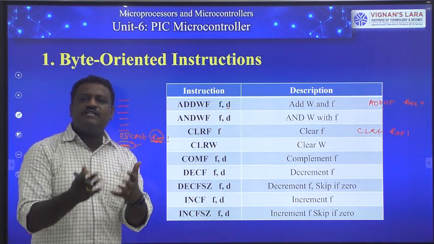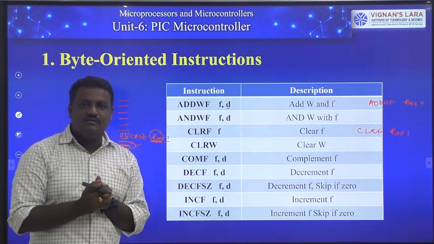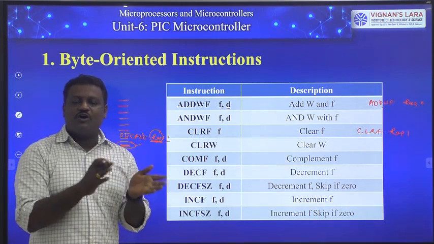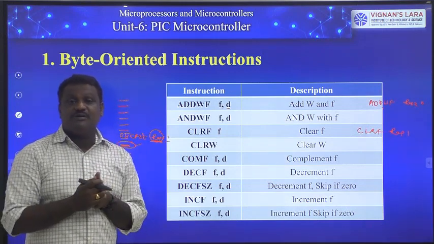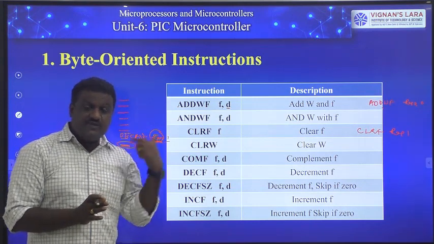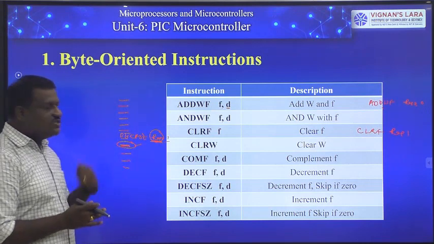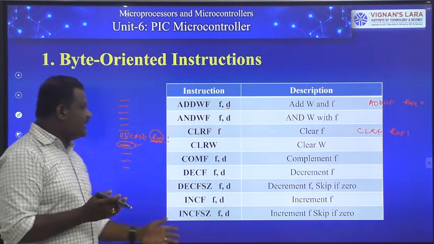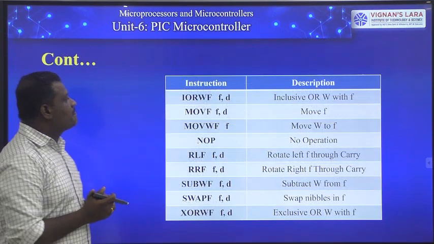Here also we increment the file register content by 1. Again, based on the D value, the result is stored in file register F or in working register W. Thereafter, it verifies whether the result is equal to 0. If so, it skips the next instruction, otherwise it executes the next instruction. So that is these instructions.